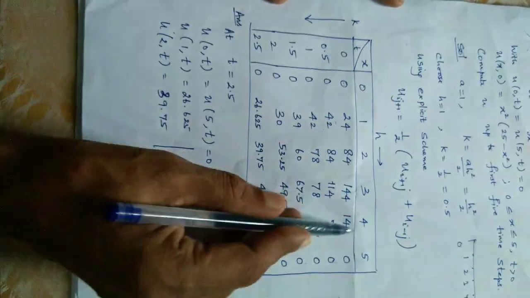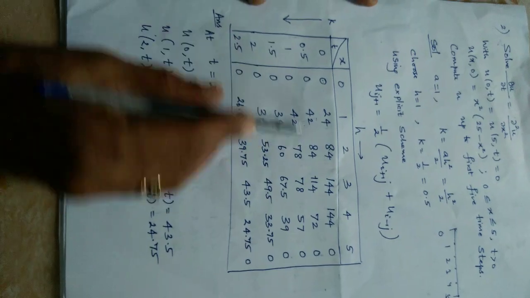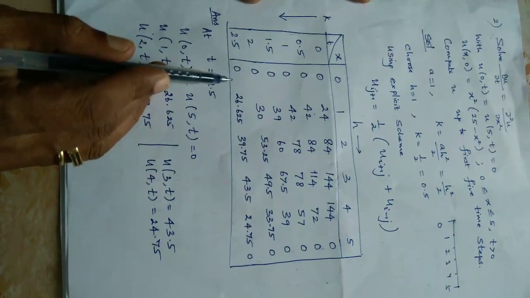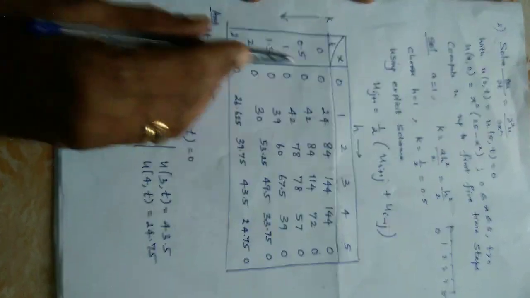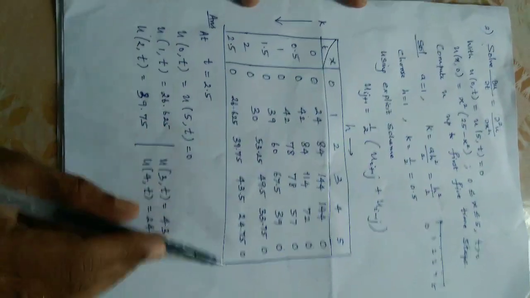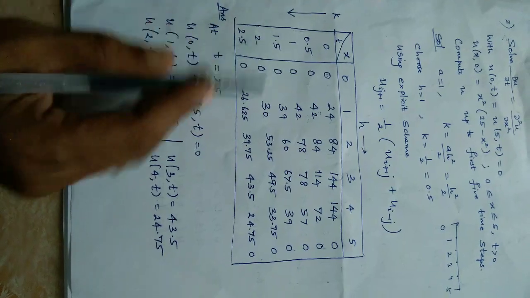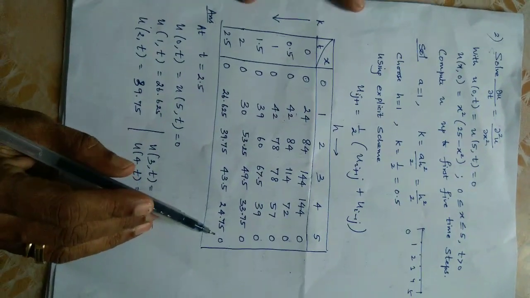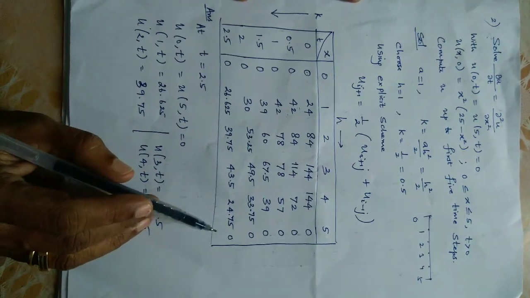This particular extreme temperature influences this one. That is the reason why it increases and then gradually decreases. So a very interesting thing is the outcome of this numerical table. As time advances, temperature decreases. That's a usual, normal heat transfer problem. Thank you.